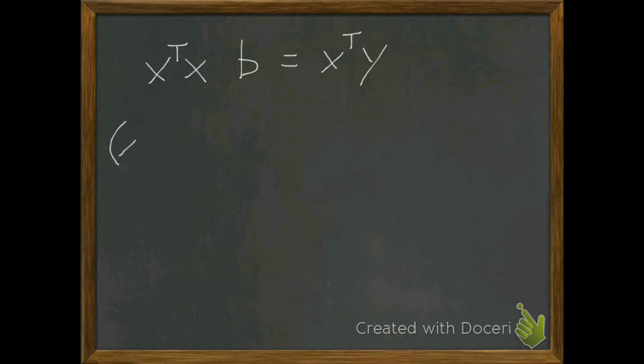Guys, I'm going to multiply both sides by the inverse of X transpose X, and I think in video number 29 I told you that this inverse is going to play an important role. Well, here it is.